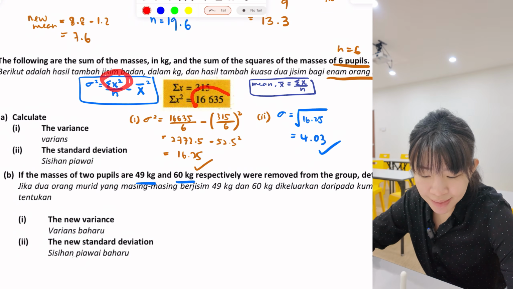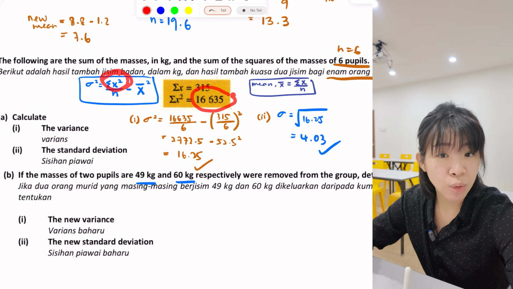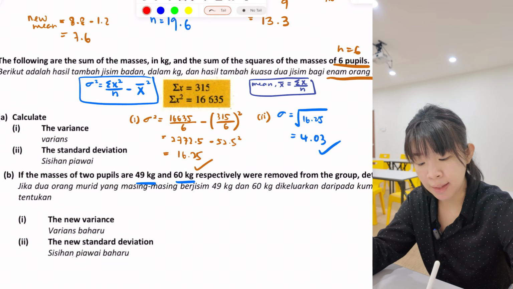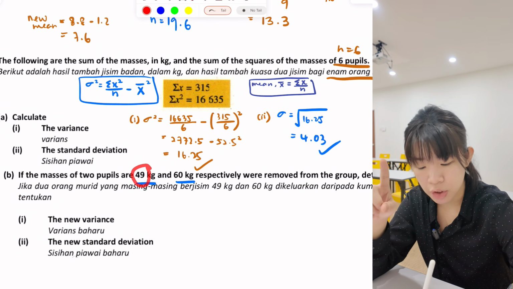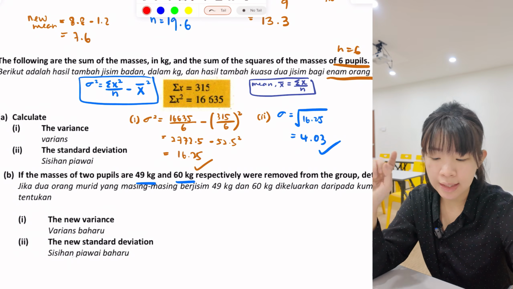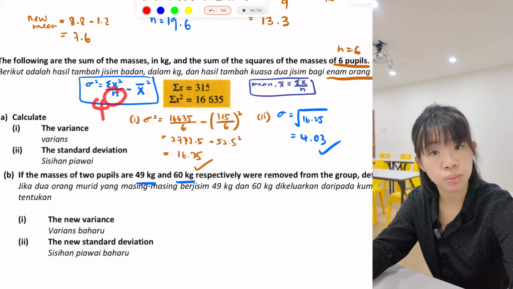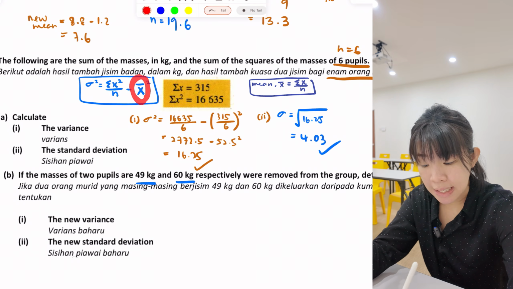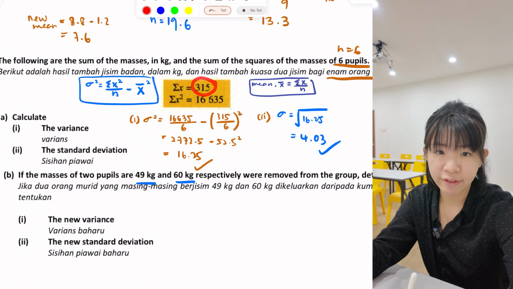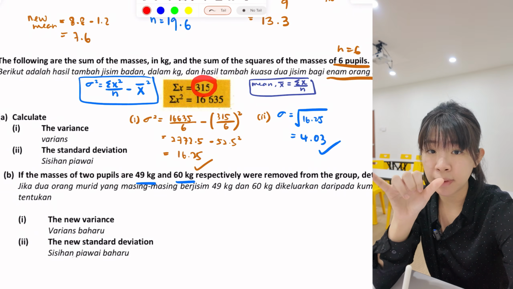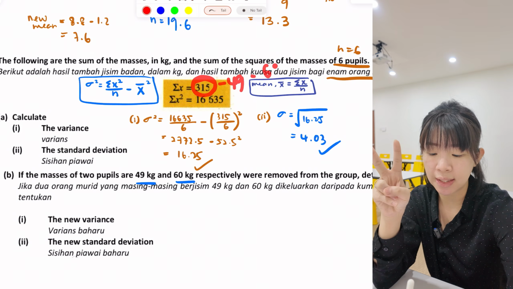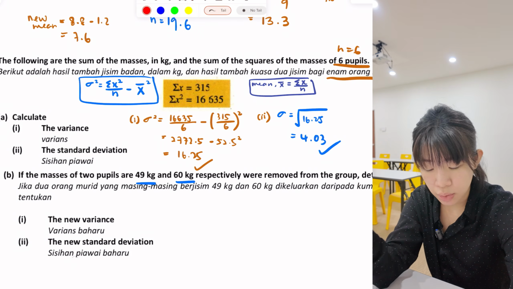We have the original 16,635, but now 2 students are not in the group, so we need to minus 49 square, and then minus 60 square also. Then divide by n, we are left with 4 people.